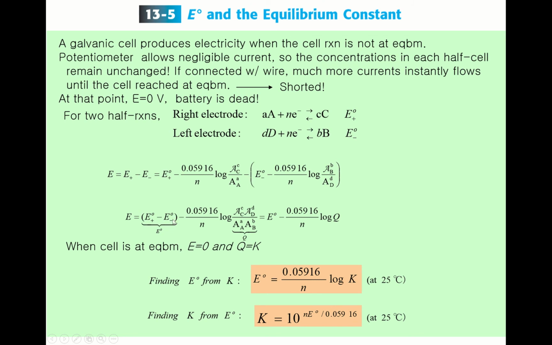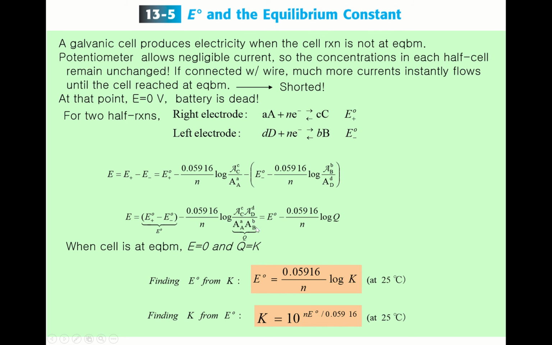This is simply the difference in standard reduction potentials, and we call this E naught, or E0. And then minus 0.05916 divided by n multiplied by log of this activity ratio.